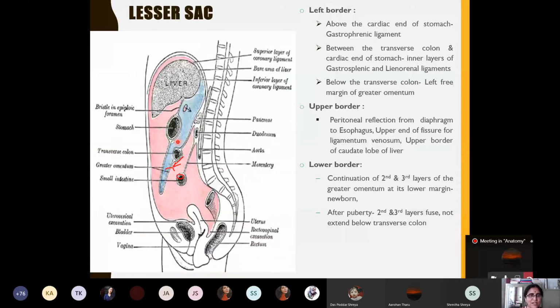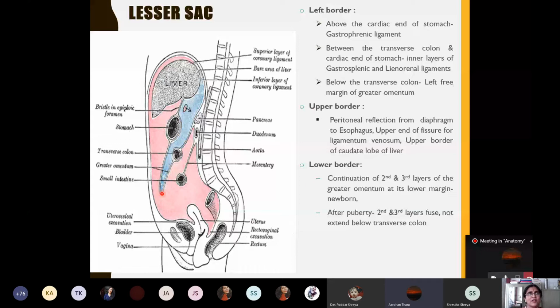Now, my dear student, which border is this? Lower border. Very good. Inferior border. The inferior border of the lesser sac is formed by the reflection of greater omentum, first and second layer.